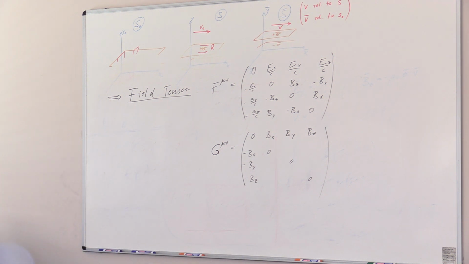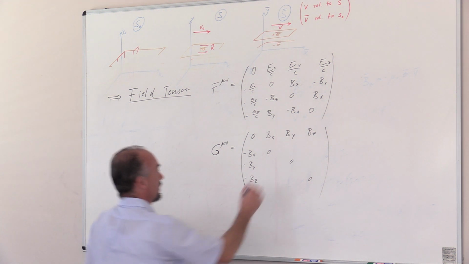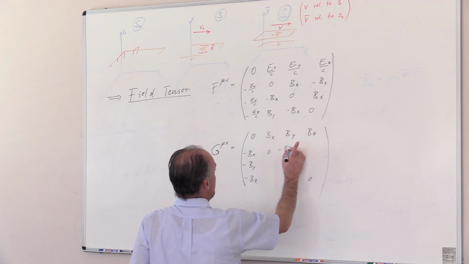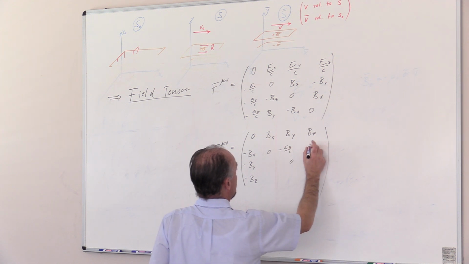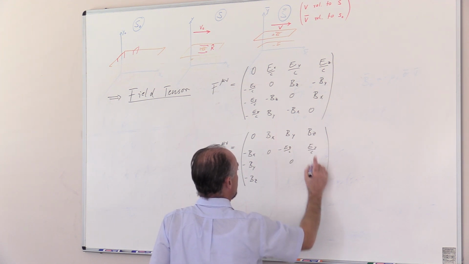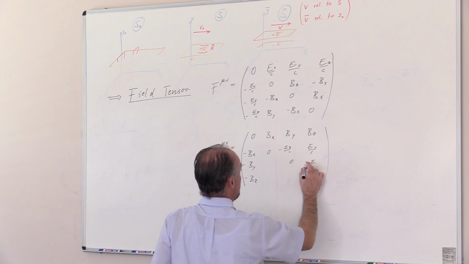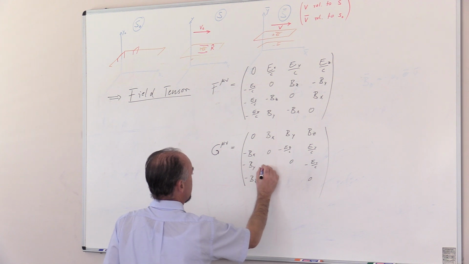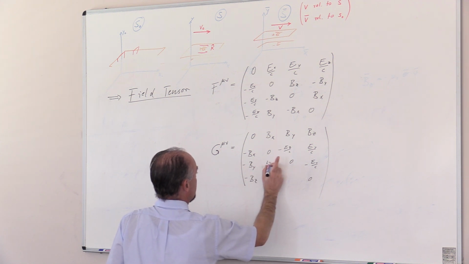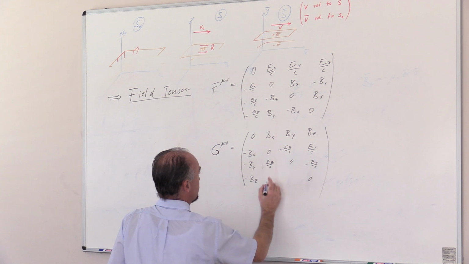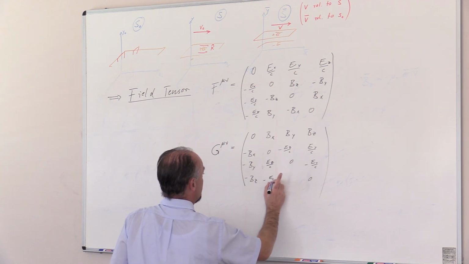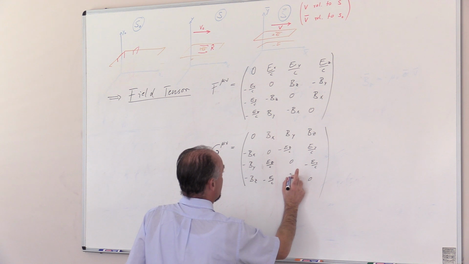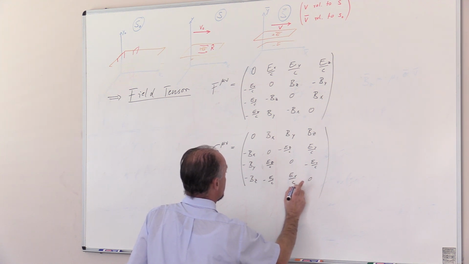And then the electric fields are minus Ez over c, Ey over c, and here the derivative term, so plus Ex over c.